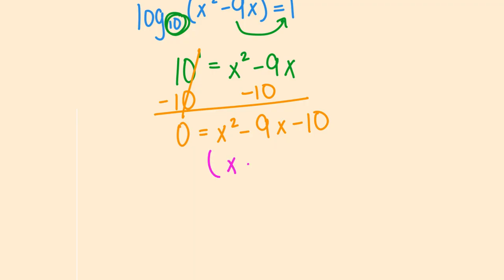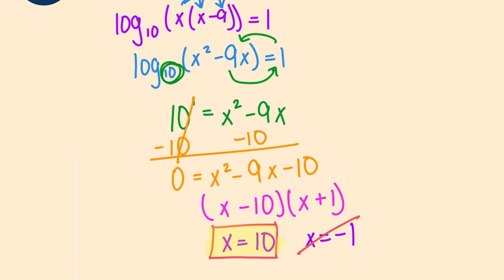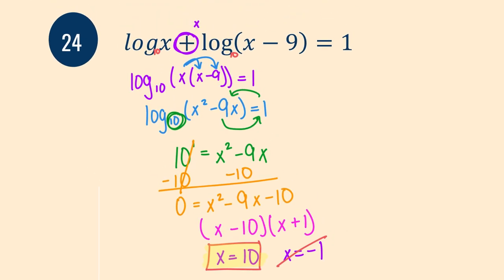I have x minus 10, x plus 1, and same thing as before. Solving for x, x equals positive 10, and x equals negative 1. Again, I cannot have that negative, so I'm going to cross that out. And my answer is 10. Don't forget you cannot have 0 or a negative number.